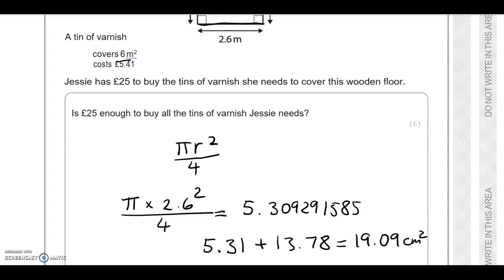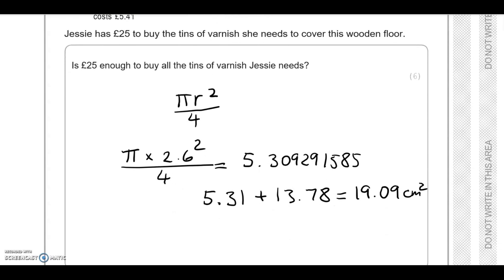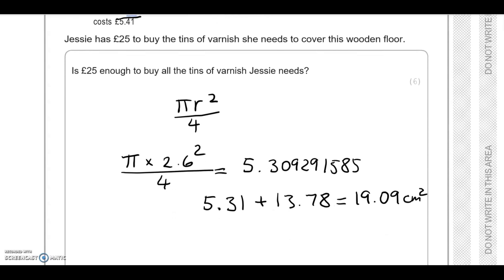So one tin covers 6 square meters, so we're going to divide our total by that. So 19.09 divided by 6 gives us 3.18 to 2 decimal places.